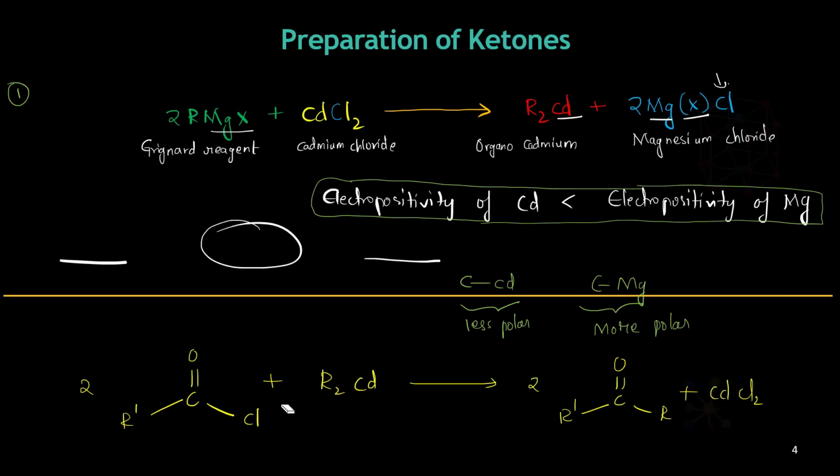Whatever organocadmium is formed in the previous reaction will react with the acid chloride. Just remember, this is an acid chloride.